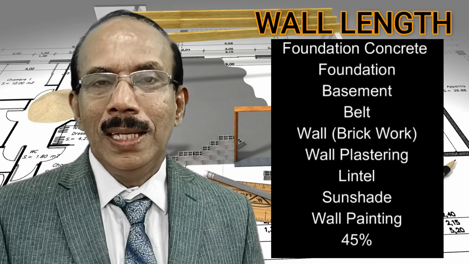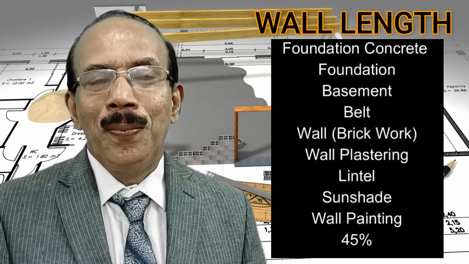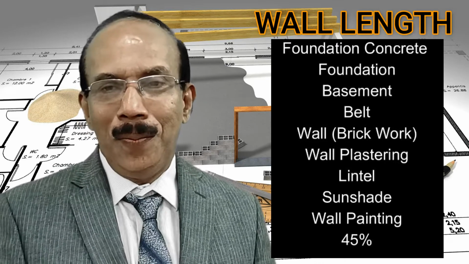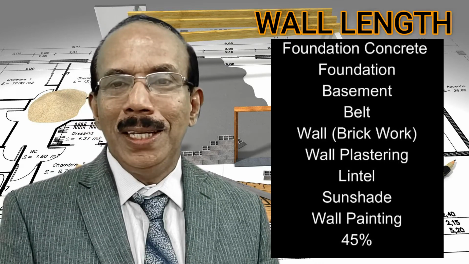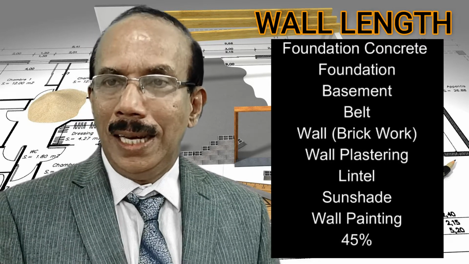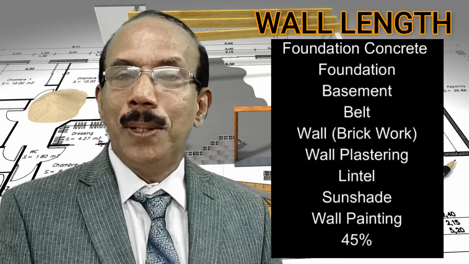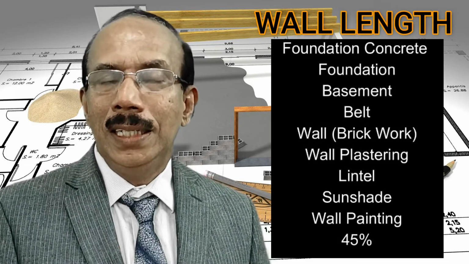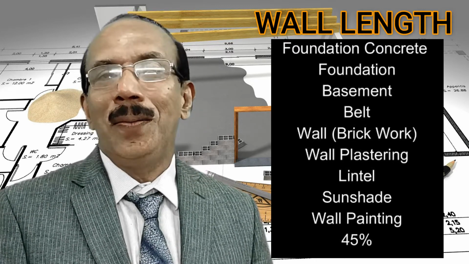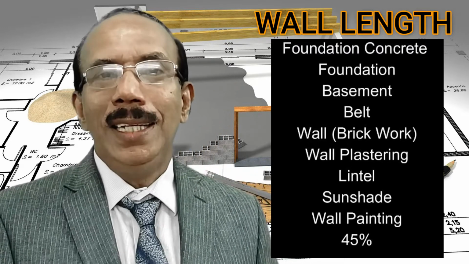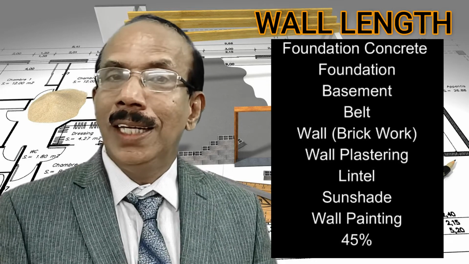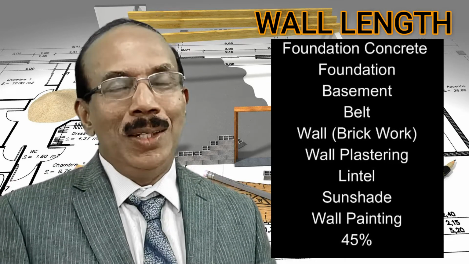This is depending on the wall length only. Again, the wall plastering is also depending on the wall length only. And lastly, the part C, it is the wall painting. That is also depending on the wall length only. So, out of 20 parts of a building, 9 parts are depending on the wall length.